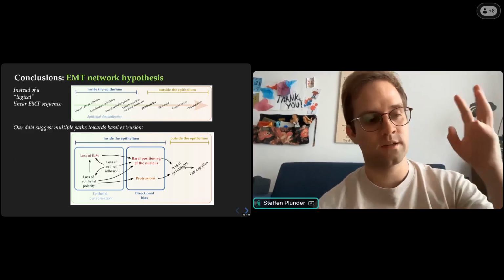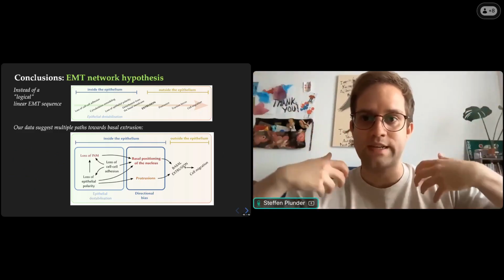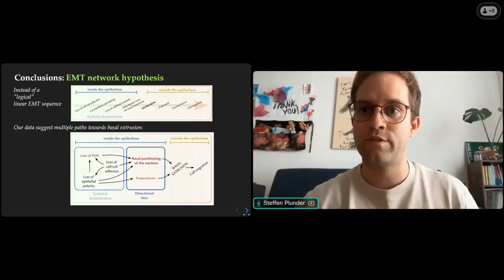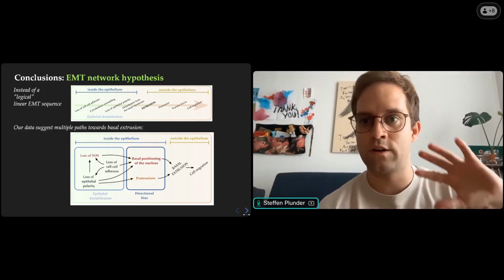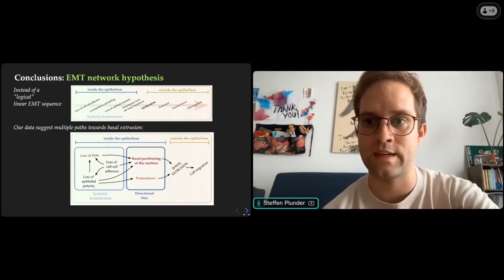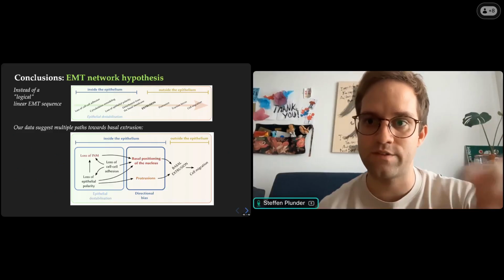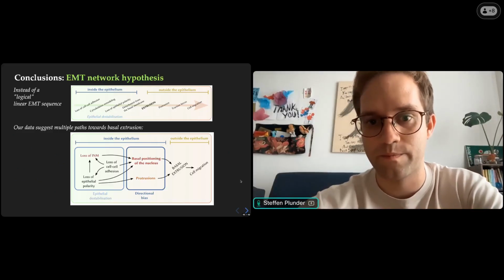And part of this is also when your neighbors are extruding, they might carry you with, you can maybe follow your neighbors. Even if you are not very efficient at extruding basally, all your neighbors are going there, you have chances of also ending up there.